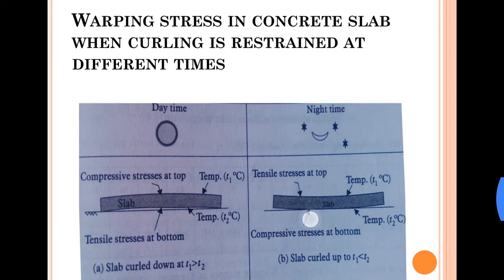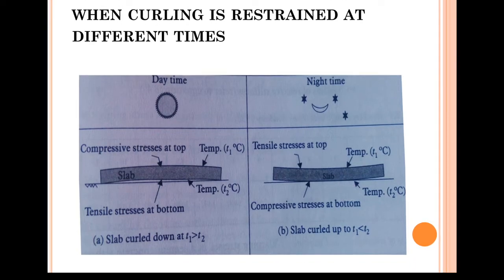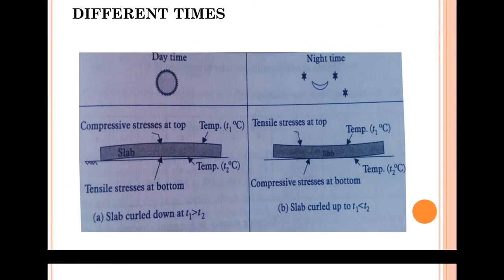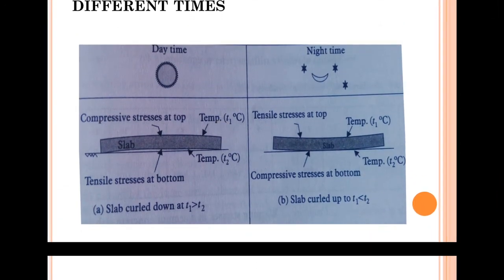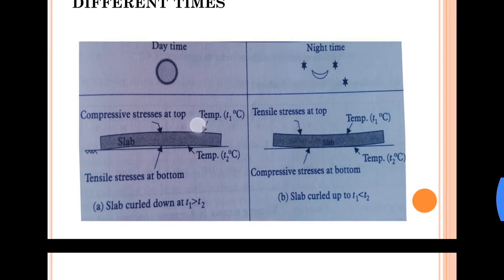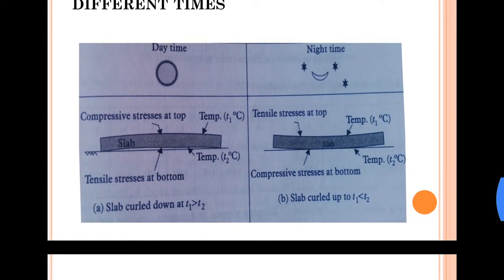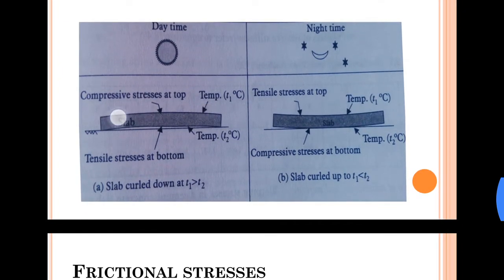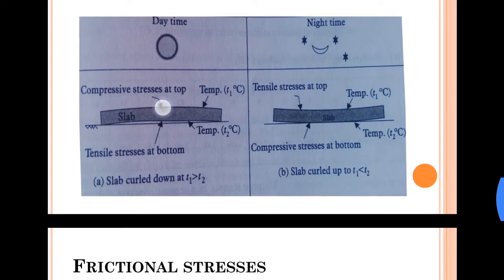Now, warping stresses in a concrete slab when curling is restrained at different times. So what happens during the daytime? The temperature above the concrete slab is higher than the temperature at the lower portion. At that time the upper portion tends to expand and the lower portion tends to contract.